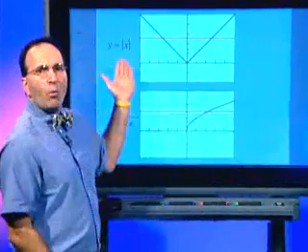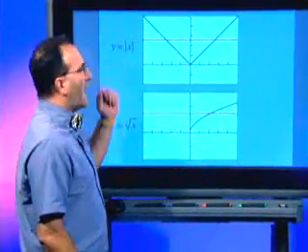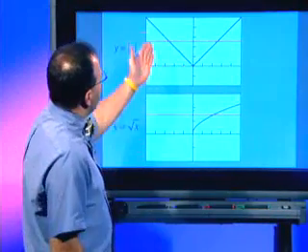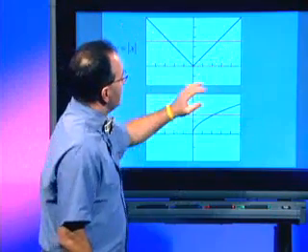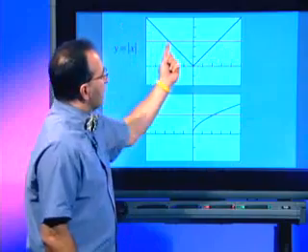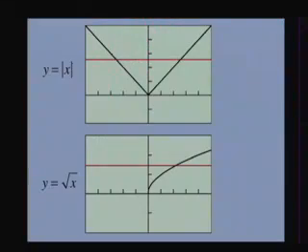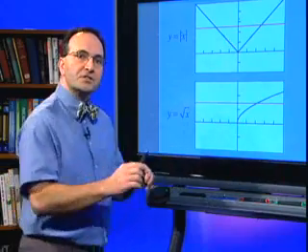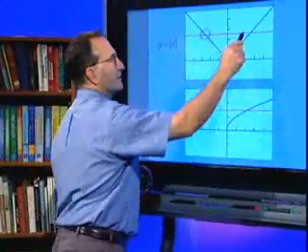We have the graph y equals the absolute value of x, and it is this black line, which you can see a red line going through it. We're going to use something called a horizontal line test. As you draw this horizontal line, you'll see that it intersects in two places.